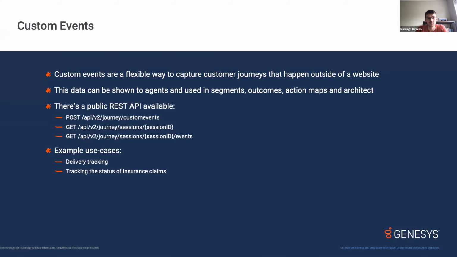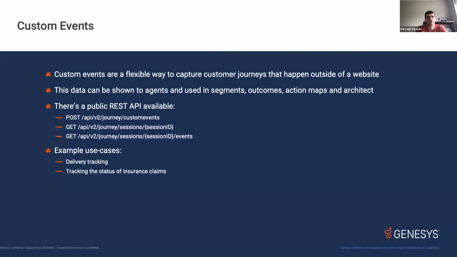Custom events is a REST API that you can use to send any data on customer journeys that happen outside of a website. This is incredibly flexible, and it's very useful for sending the context of a customer journey to agents for a myriad of use cases.